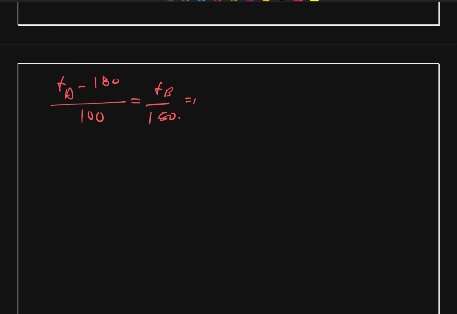So this 0 goes by 0 and we get this as our TB is equal to, we can write this as 15 upon 10 times TA minus 180 times 15 divided by 10.